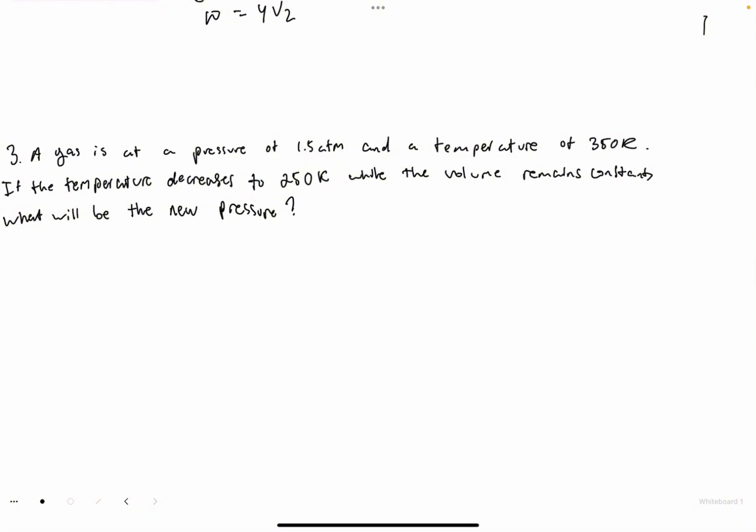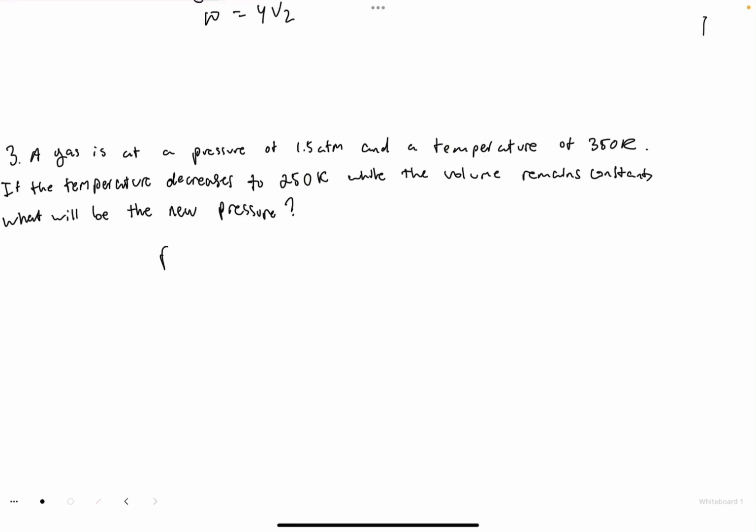A gas is at a pressure of 1.5 atm and at a temperature of 350 Kelvin. If the temperature decreases to 250 Kelvin while the volume remains constant, what will the new pressure be? So now we are going to use Gay-Lussac.